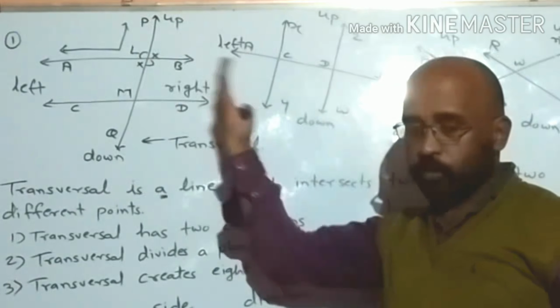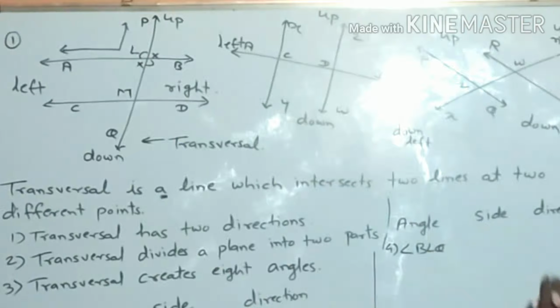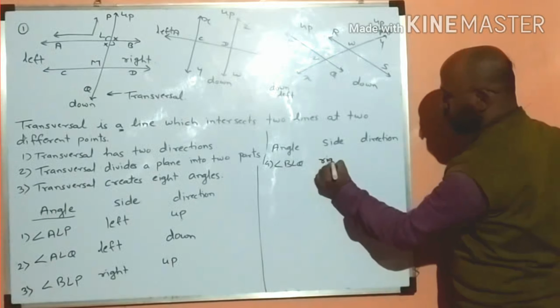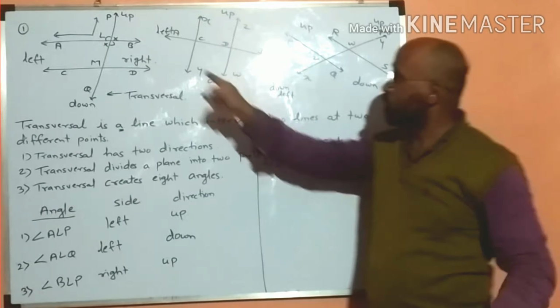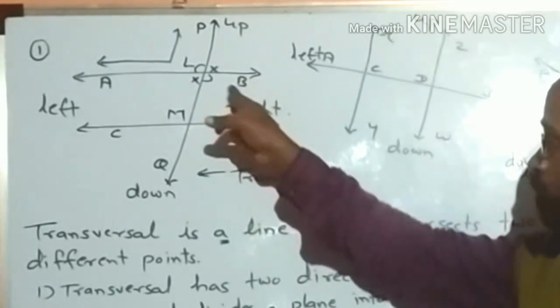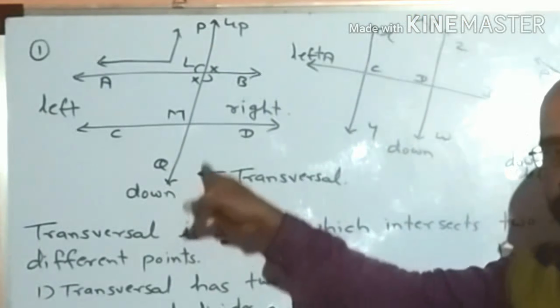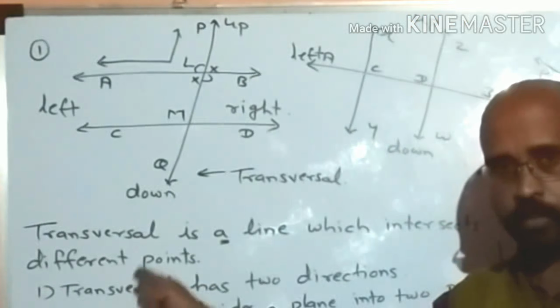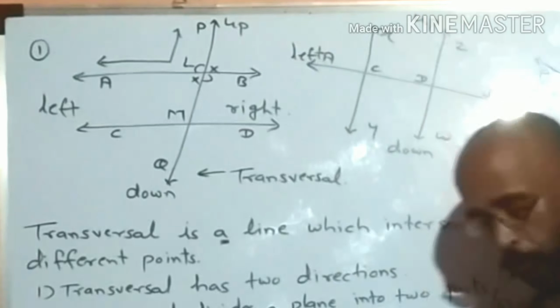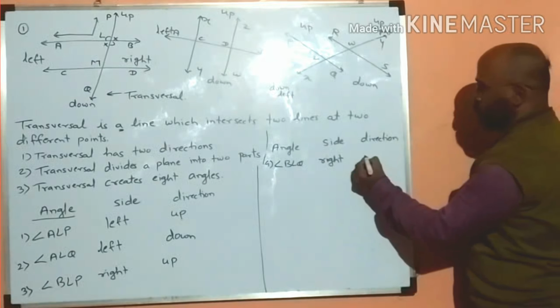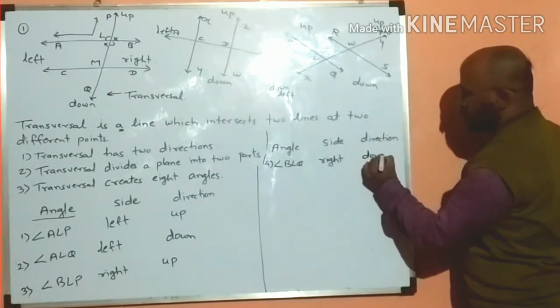It's on this side of the transversal, means right side of the transversal. BLQ has two arms, LB and LQ. Among this, LQ is part of transversal and LQ is going towards down. So direction on transversal is down.